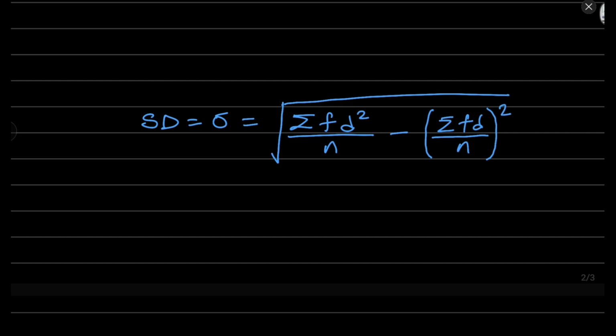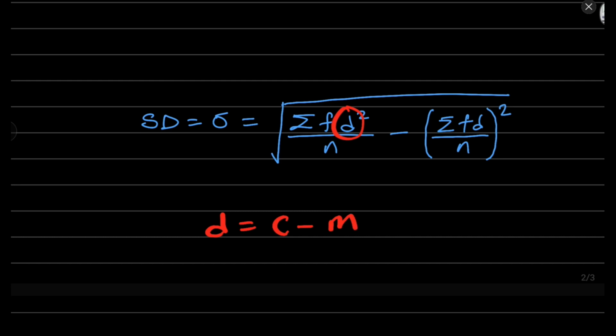Which should not be strange is Mr. D, and D here would be the deviation of your class center from your assumed mean.